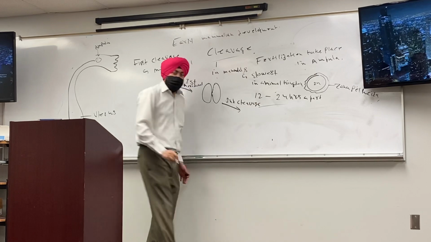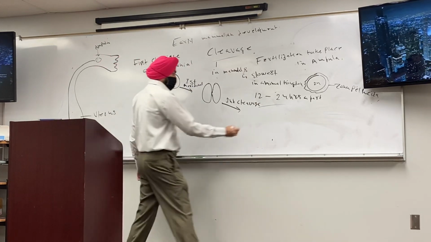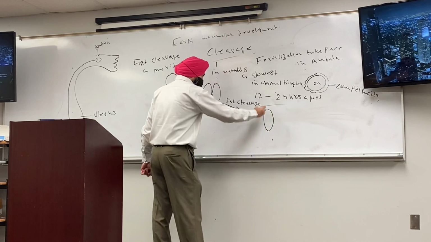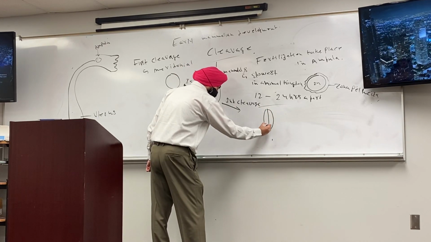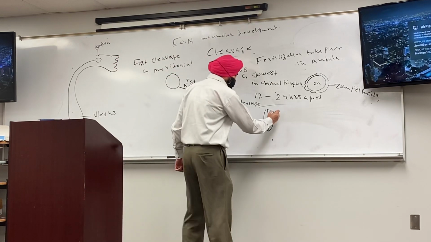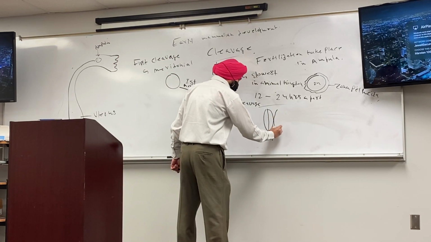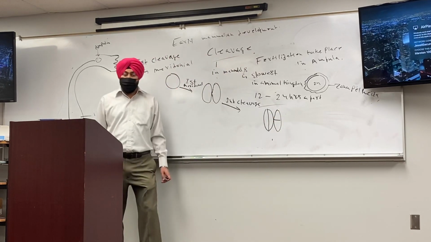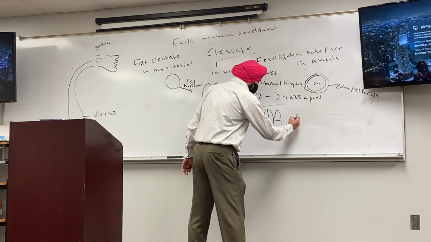What happens in second cleavage: one of the cells divides meridionally. The other cell, which was here, divides equatorially. So ultimately what you get is something like this.